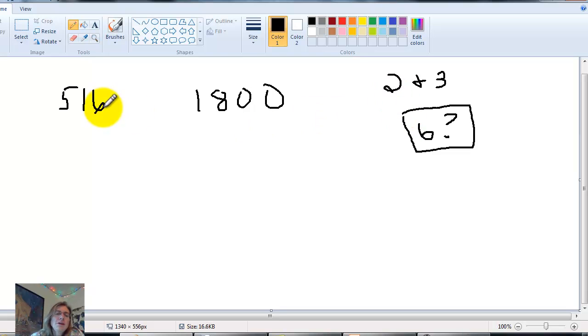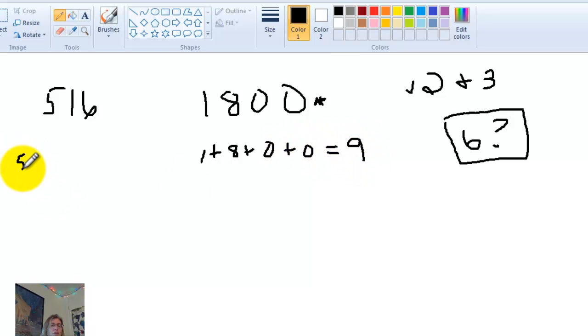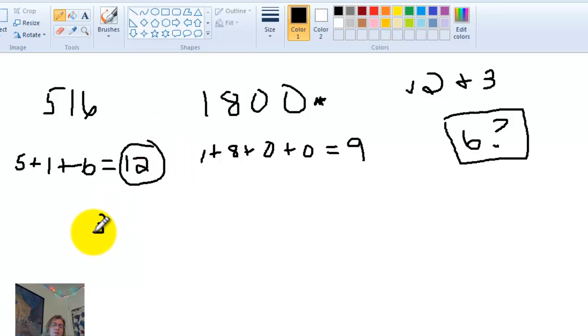Okay, so 2, are they even? Yes, that checks. Both numbers are even numbers. 3, the divisibility rule, remember, for 3 is you add the digits and you decide, is it divisible by 3. 1 plus 8 plus 0 plus 0 equals 9. 5 plus 1 plus 6 equals 12. 3 into 12 goes 4 times. 3 into 9 goes 3 times.